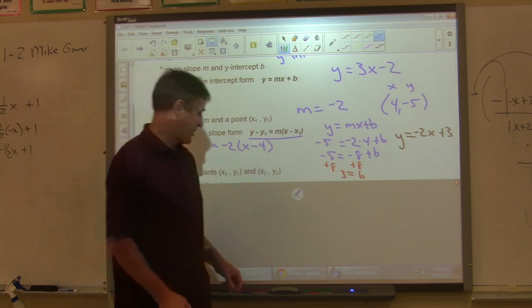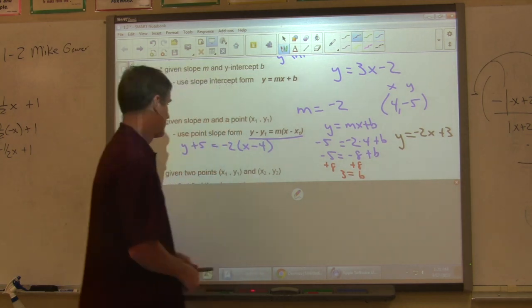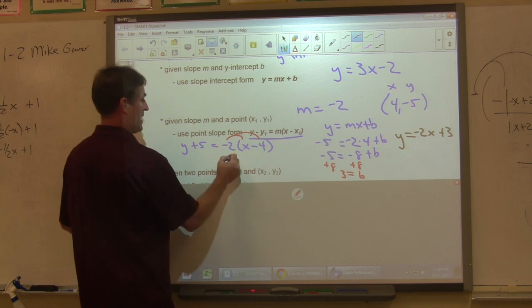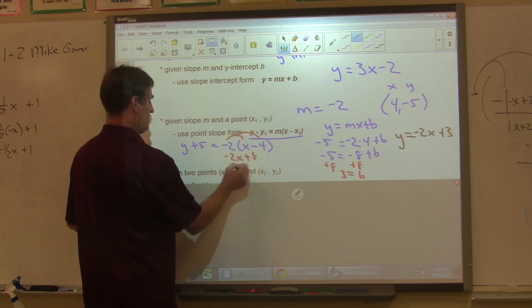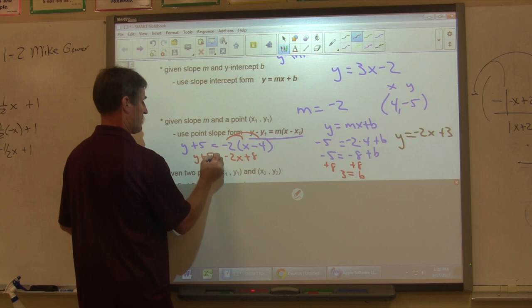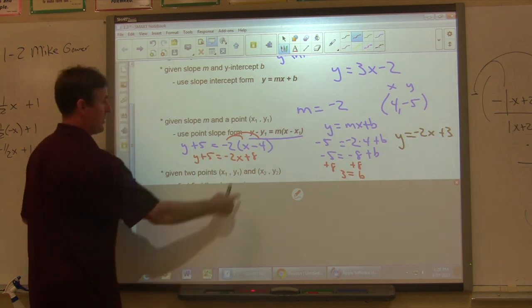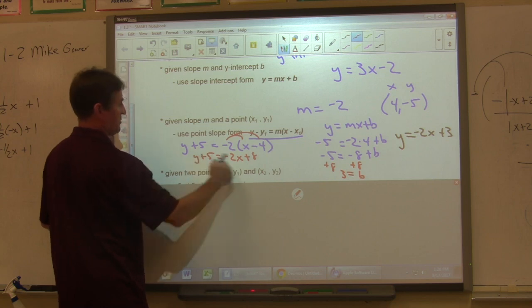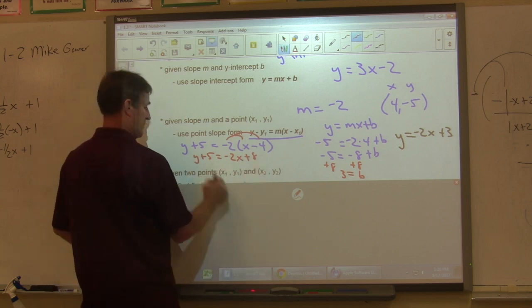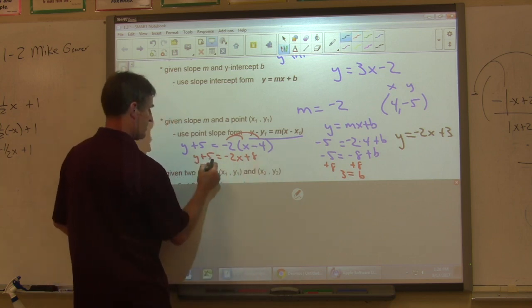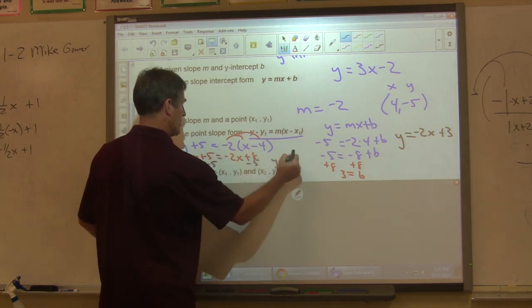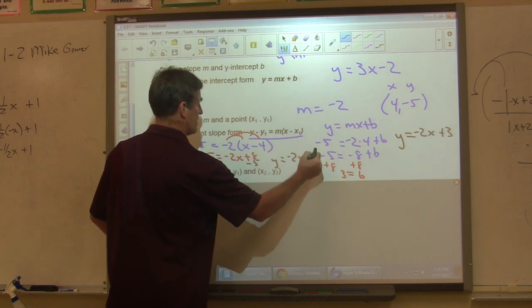But if I wanted to simplify this, if I multiply this through, I get -2x plus 8. Then I would subtract, actually, I can just subtract the 5, and I get y equals -2x plus 3.